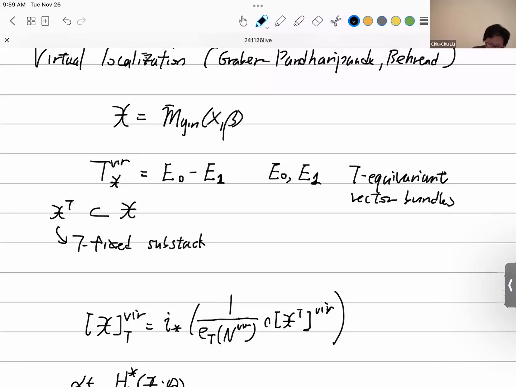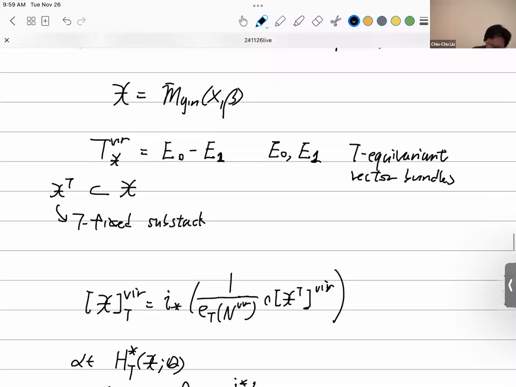So then if we restrict to this, I from 0 to 1, this is our T-equivariant vector bundle restricted to the fixed locus.